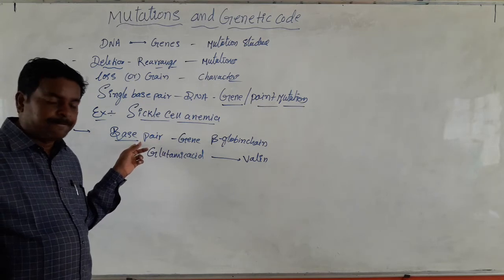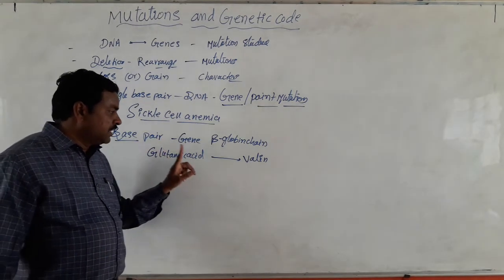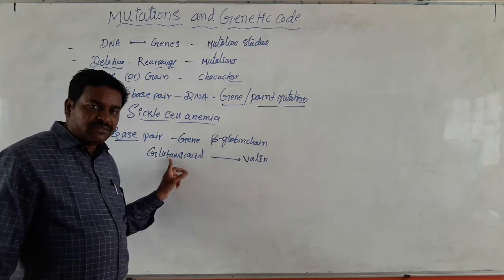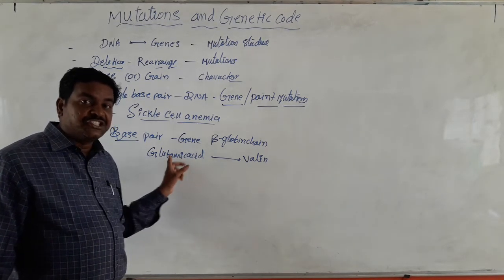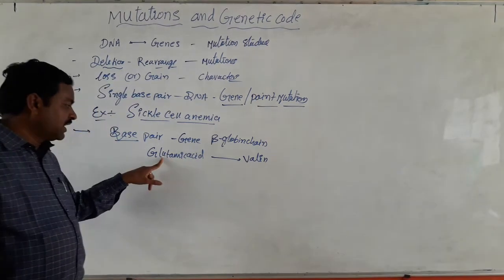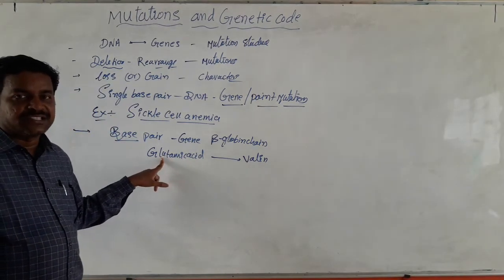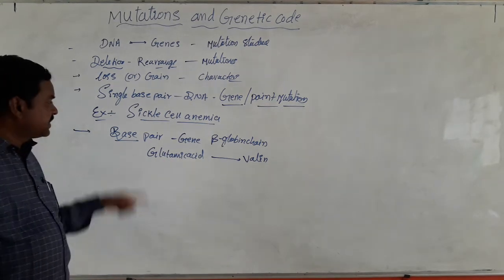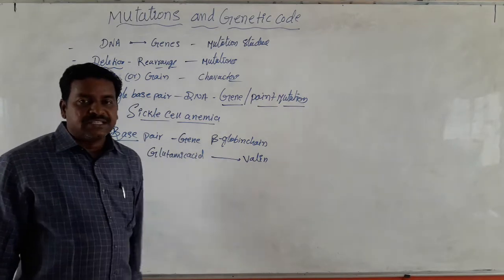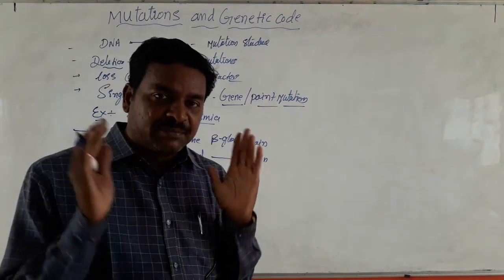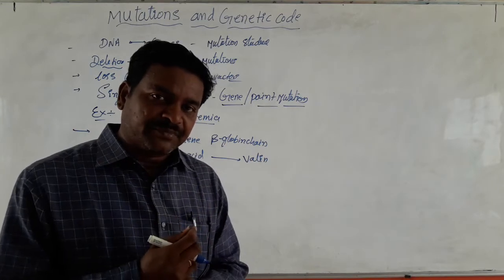Because of this, glutamic acid is replaced by valine. Ultimately, it leads to the disease condition called sickle cell anemia. So sickle cell anemia is one example of point mutation.